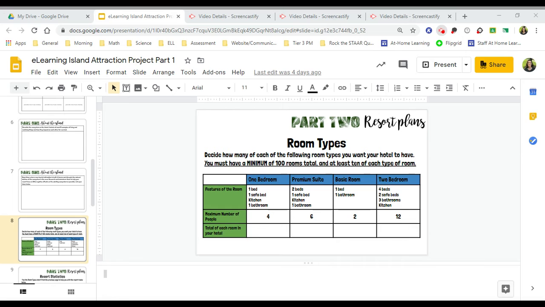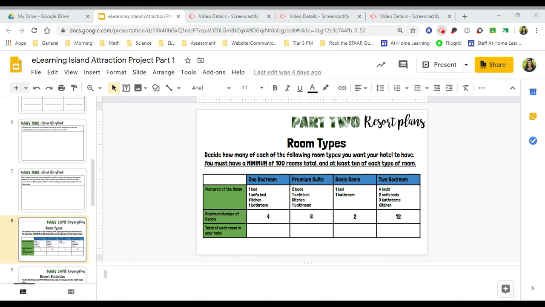So again, for the room types, we had 50 1-bedroom, 50 premium suite, 25 of the basic room, and 25 of the 2-bedroom. Just a reminder that the first 3 room types all have 1 bedroom. The 2-bedroom is the only one that has 2 bedrooms. So I have 50 rooms in my 1-bedroom, 50 rooms in the premium suite, 25 in the basic room.